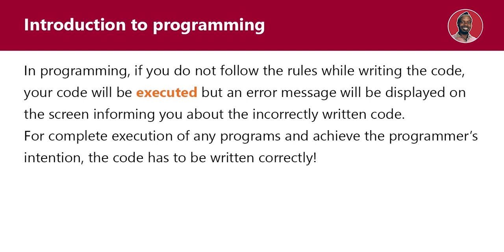In programming, if you do not follow the rules while writing the code, your code will be executed, but an error message will be displayed on the screen informing you about the incorrectly written code. For complete execution of any programs and achieve the programmer's intention, the code has to be written correctly.